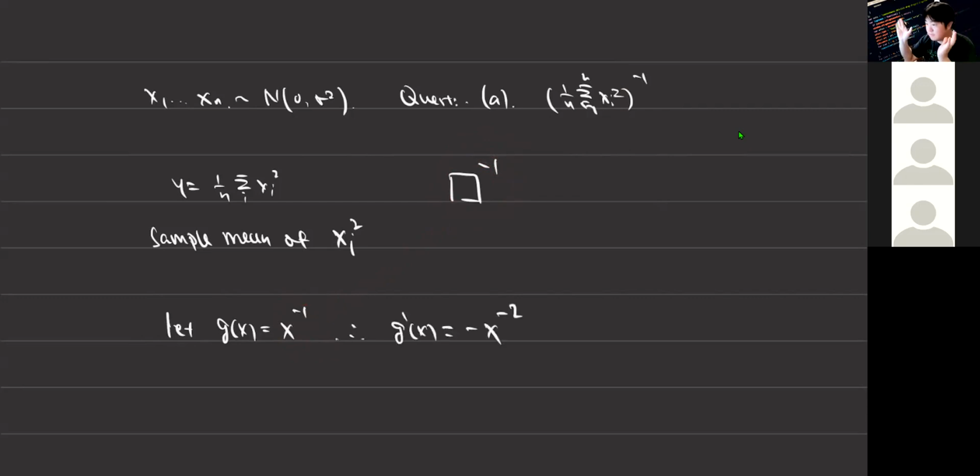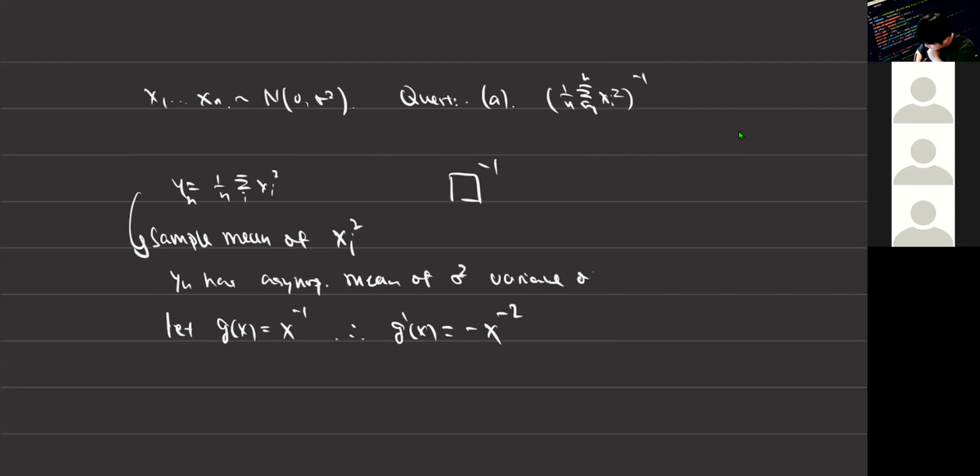Then you can use the delta method, right? If this is technically speaking Yn, and this Yn has asymptotic mean of sigma square and a variance of, this is weird, something like this, right?